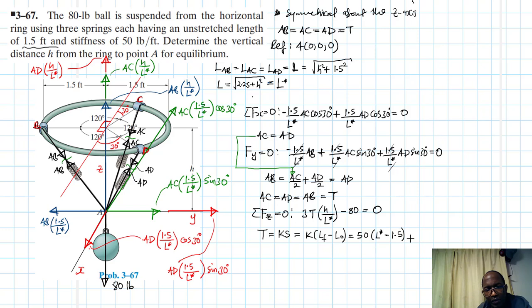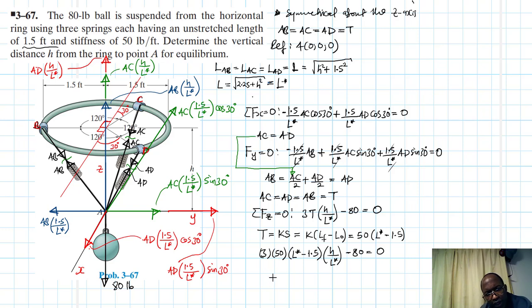So this is the whole expression, so we can write this as 3T. 3T is just 3 by 50 by L star minus 1.5, then times H divided by L star, minus 80 equal to 0.